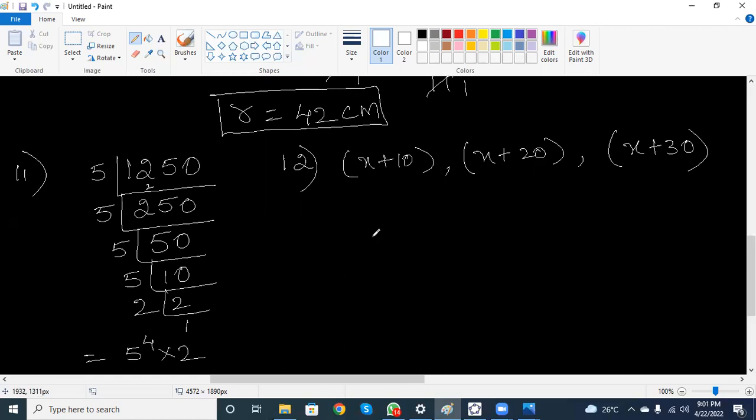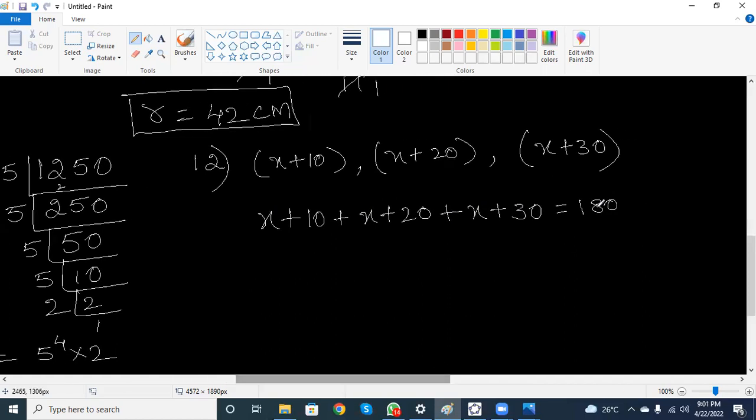What is the angle sum property? The sum of 3 angles in a triangle is 180 degrees. So let's do the sum. Sum means nothing but addition. So if we add these 3 angles, we should get 180 degrees. So the reason is angle sum property, ASP.